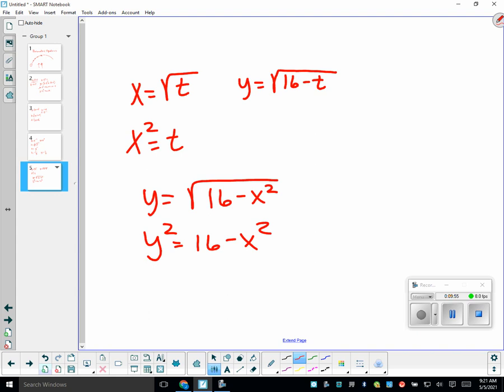Why couldn't you break it down? Because you cannot split this. If I have this as an example, let's do it this way: 4 squared minus 3 squared. Is this 16 minus 9?